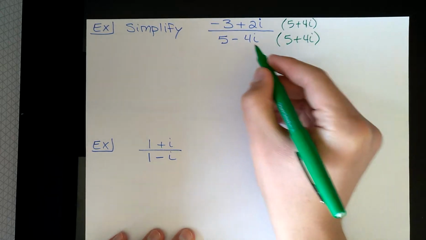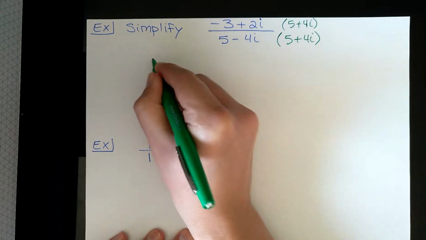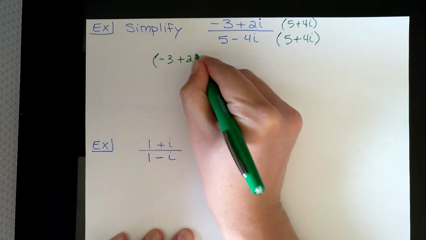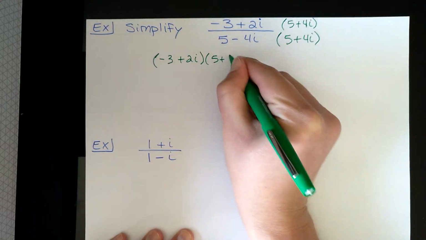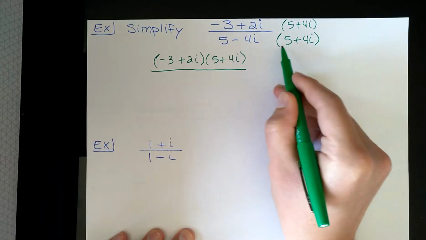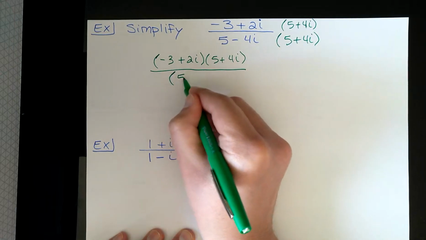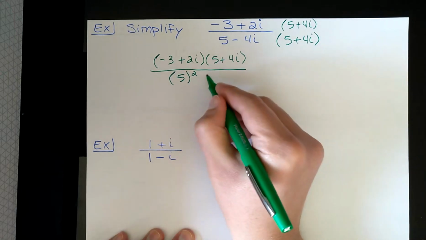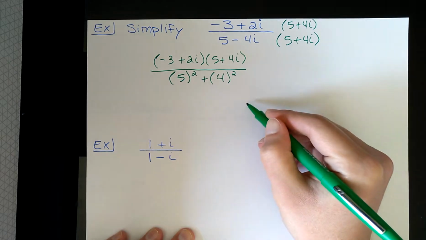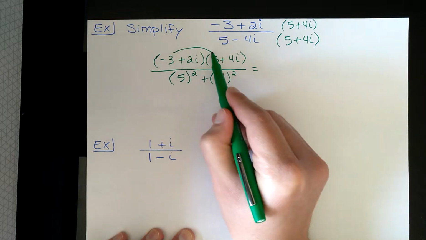So, simplifying this, we have negative 3 plus 2i times 5 plus 4i. I'm going to write that out. All over 5 minus 4i times 5 plus 4i. Well, we know that's just going to become the real part squared, which is 5 squared, plus the imaginary part squared, which is 4 squared. So we'll start distributing.